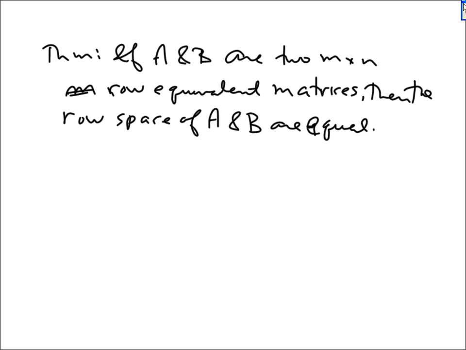Now, if you think about that, that is obviously true. Because how do you go from A to B? You add one row of matrix A to another row of matrix A, and that gives you matrix B. You can also multiply any row by whatever you want. These maneuvers do not change the row space.